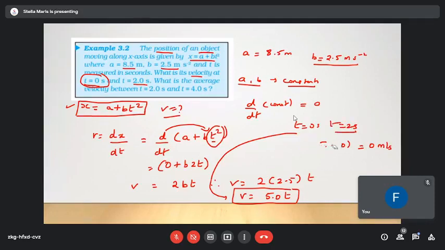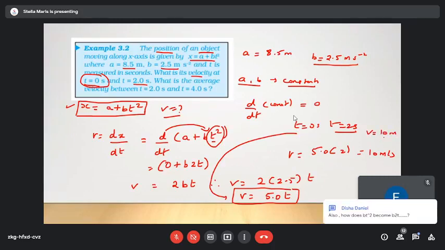Substituting in the velocity equation, v is equal to 5.0 into 2, that is nothing but 10 meter per second. So when t is equal to 2 seconds, velocity is 10 meter per second.